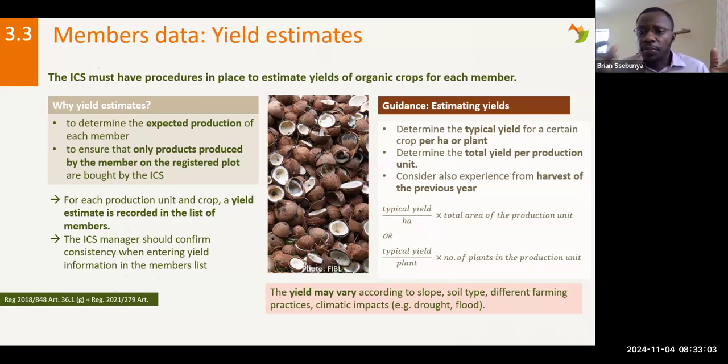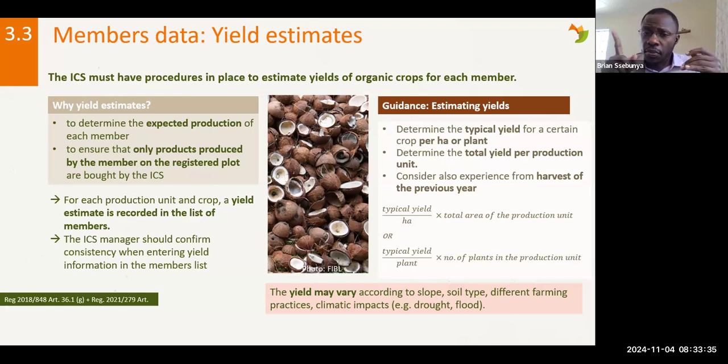If you're handling a tree crop, or mangoes, then it's better to estimate per tree. And then again, compute depending on the number of trees you have in the acre or hectare, and then you can come up with your yield in that plot. Remembering that yes, yield varies by location, by farming practice. So it's good to have a benchmark, which you can get in secondary literature, the yield per acre, but then using your judgment.